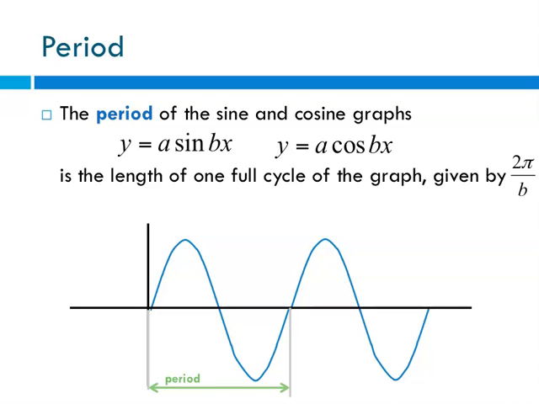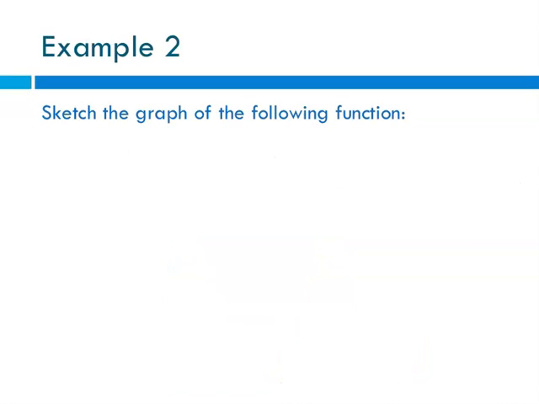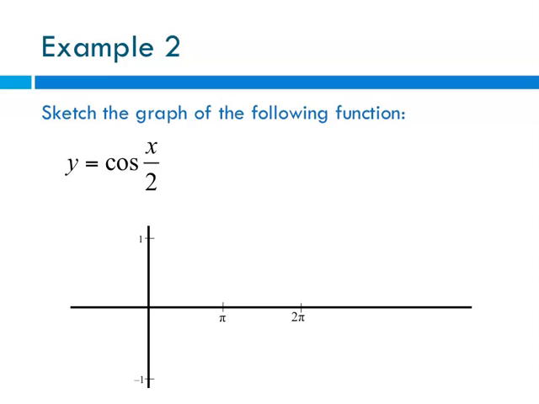Let's take a look at example 2. We have y equals cosine of x over 2. Now you can think of this as cosine of 1/2 times x. Now let's see. If we graph our regular parent cosine function, this would go from 0 to 2 pi. But now our period has changed. Now our period isn't 1/2, but 1/2 is going to help us determine the period.